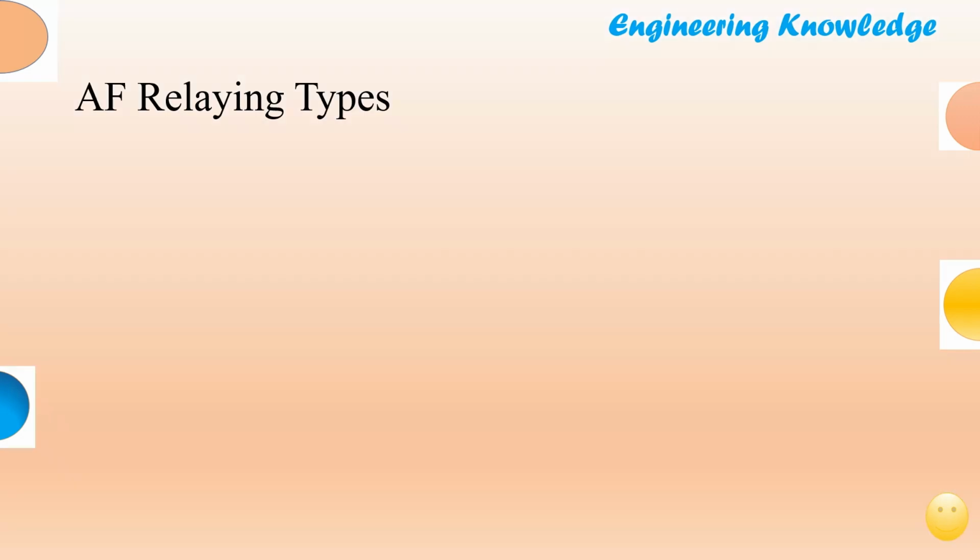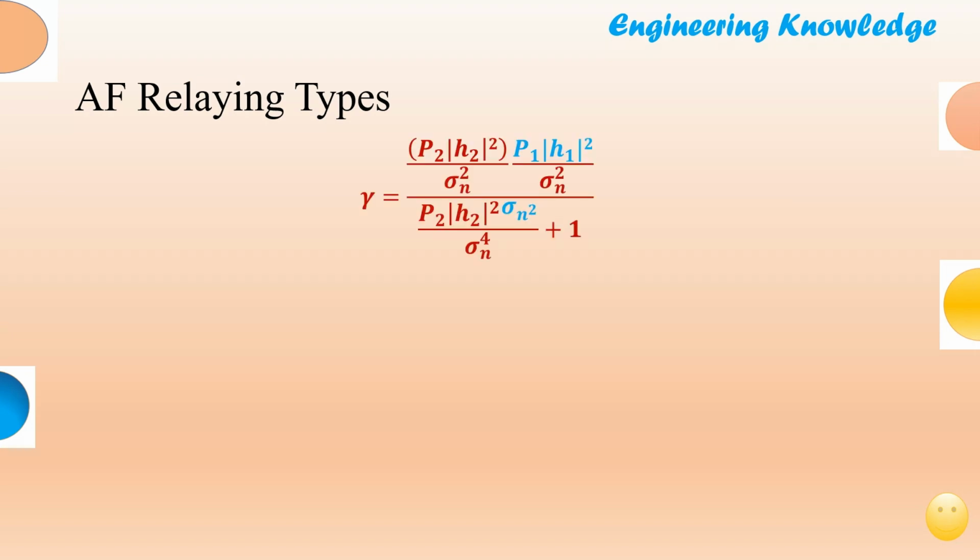So when I have done that, now I will have the final and the most important expression of signal to noise ratio for amplify and forward relaying systems. I have already written the same equation that I established in the last slide. I will define two SNRs. The first SNR is gamma 2, where gamma 2 is P2 mod H2 square upon sigma n square. The second SNR is gamma 1, which is P1 mod H1 square upon sigma n square.